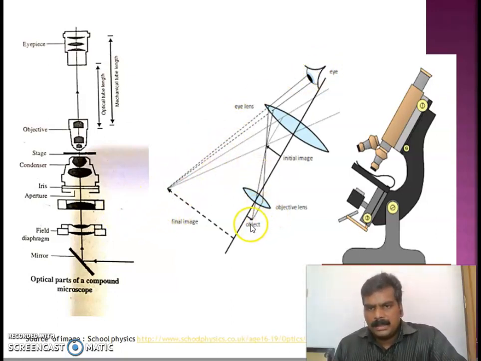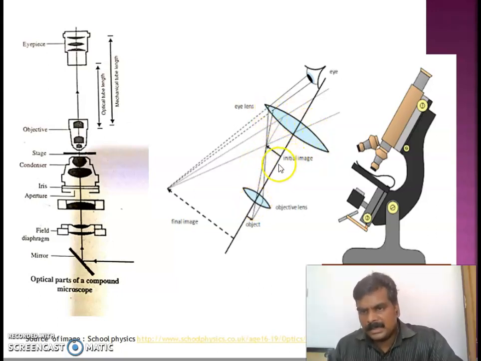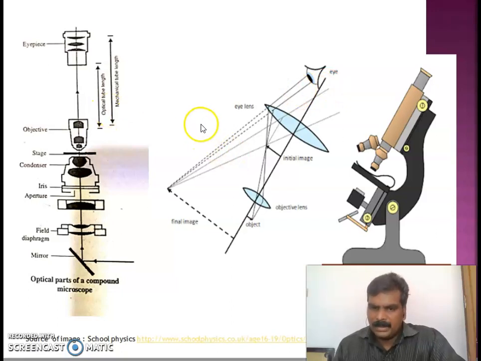So the real object is enlarged to an initial image, inverted by the objective lens, and this enlarged initial image is again projected to a final large image by the eyepiece lens, and it will be viewed by the eye. So the smaller object appears to be a larger object to our human eye, and thus the material is magnified.